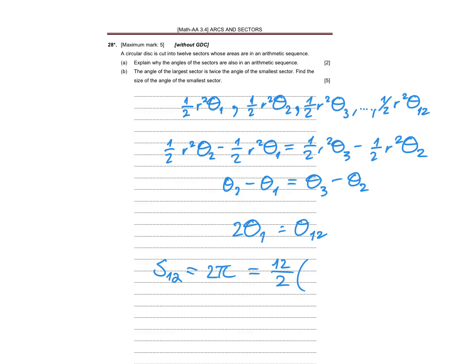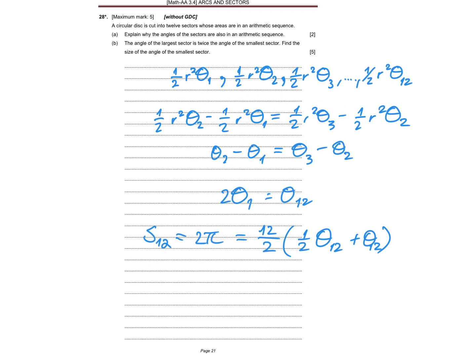So we can use that theta 1 is 1/2 theta 12, and we can use that theta 12 is theta 12, okay? So it's u1 plus u12, the first term plus last term, because we know these are in arithmetic sequence as well, okay?